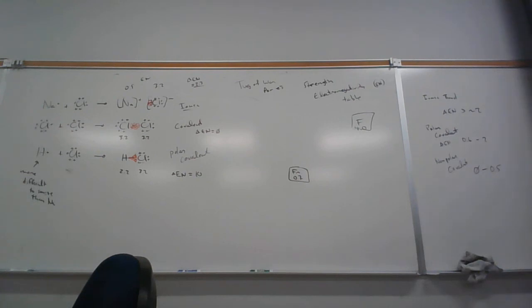So let's look at the HO bond here. H is 2.2, O is 3.4, so our delta EN is 1.2. 1.2 makes it what? Polar covalent. An HS bond, 2.6 versus 2.2.